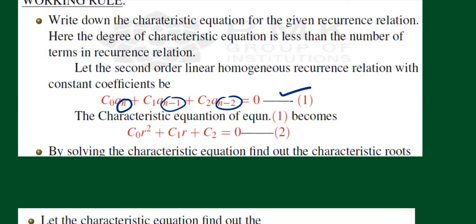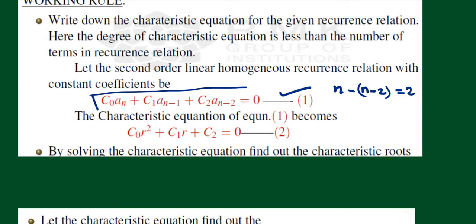Among them the maximum is n, and the minimum is n minus 2. If you take the difference of these, that is the degree of the recurrence relation. Subtracting, I got 2. So I can conclude this homogeneous equation has degree 2.